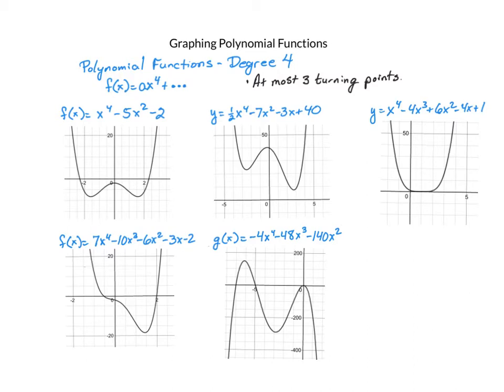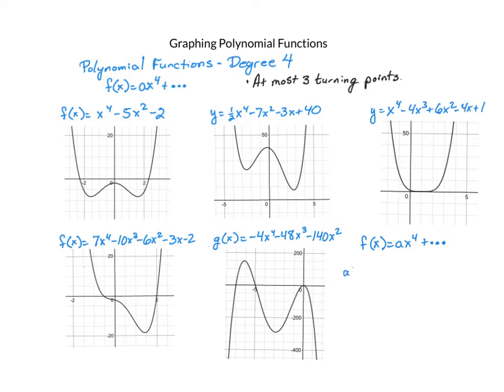But let's talk about what our function looks like when we graph it. Let's draw it down here as we did with our third degree polynomial. If f of x equals ax to the fourth plus some other terms, I just wrote the leading term.